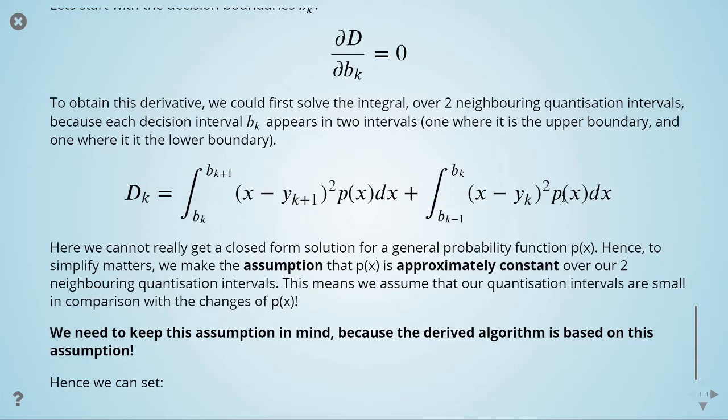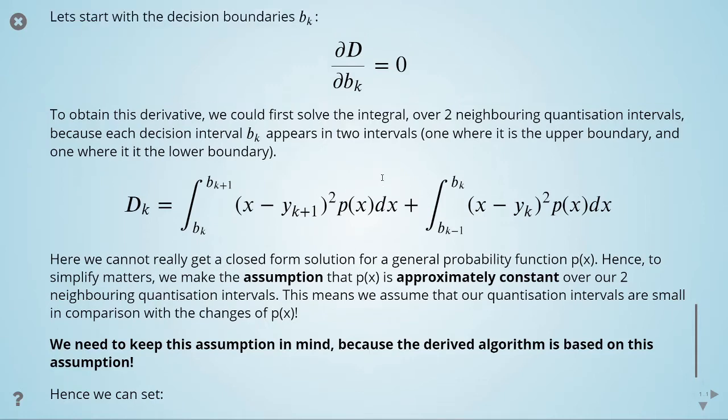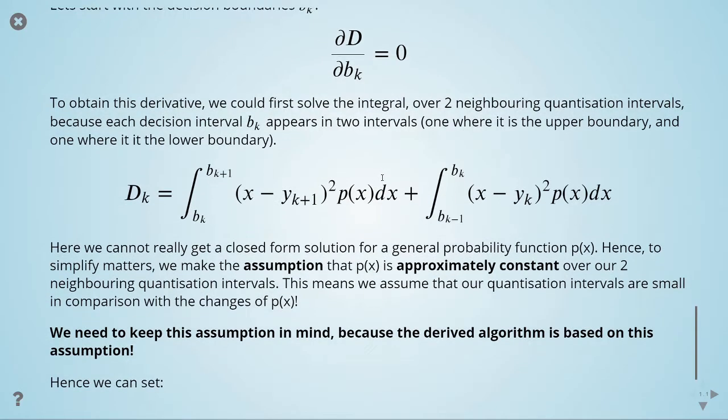of x. Yeah? So what we can do is that we can make the assumption that the p of x is approximately constant over our two neighboring quantization intervals. Yeah? So this is a very important assumption. This is how the algorithm is derived based on this assumption.